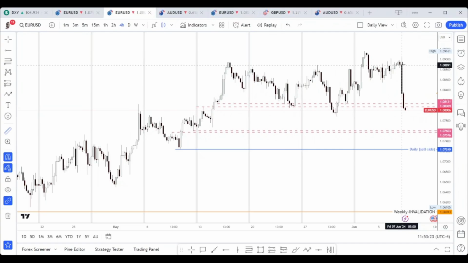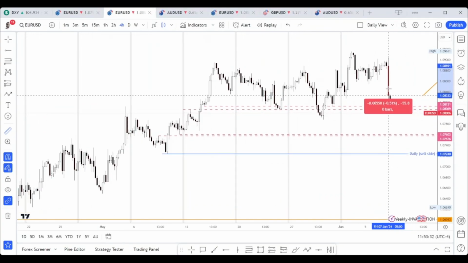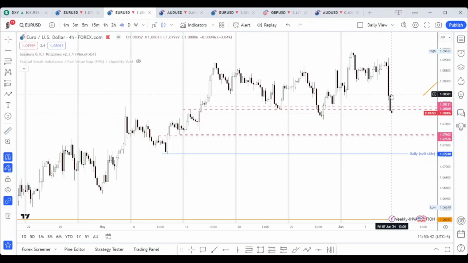So first of all, measure the candle's body. Let's try to measure that. If I come down, it says negative 51%, or 0.51%. Now, how do I know that this trend downwards is decreasing or losing its strength?